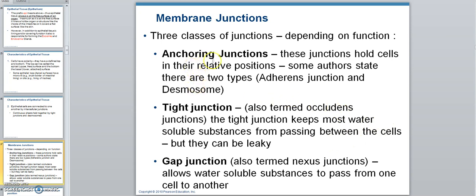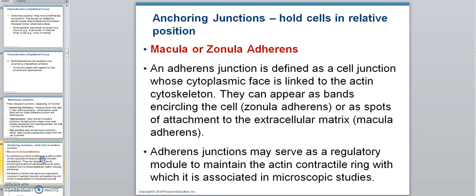Now, under the anchoring junctions, there are two types, the adherens junction and the desmosome. So we're going to go next. The anchoring junctions hold cells in relative position. An adhering junction is a junction who has actin hold it together. Now, the adherens junction, I want you to think about areas of high abrasion versus low abrasion. I'm holding the cells together. It's kind of like a needle and thread thing.